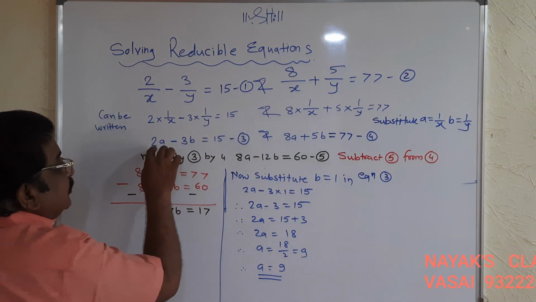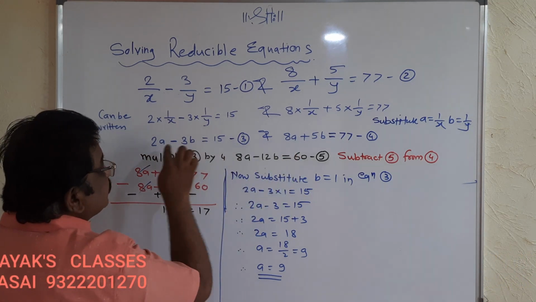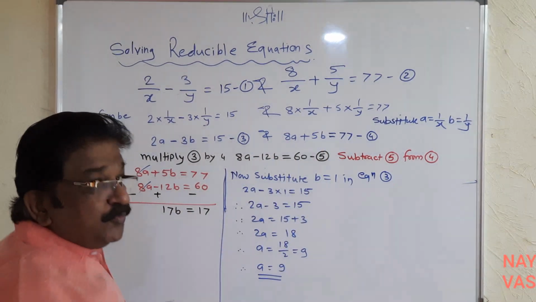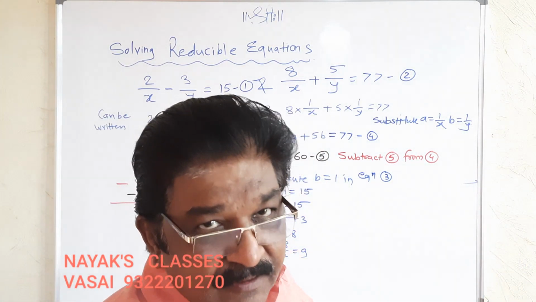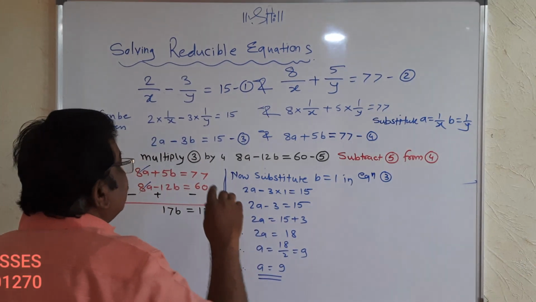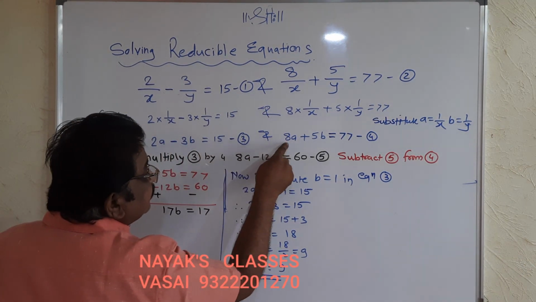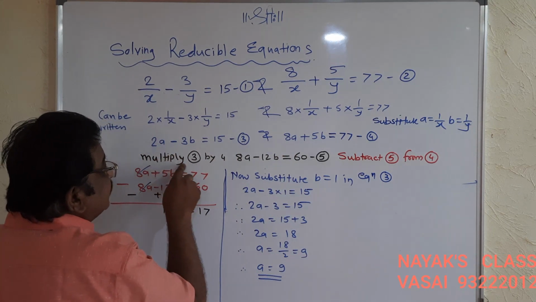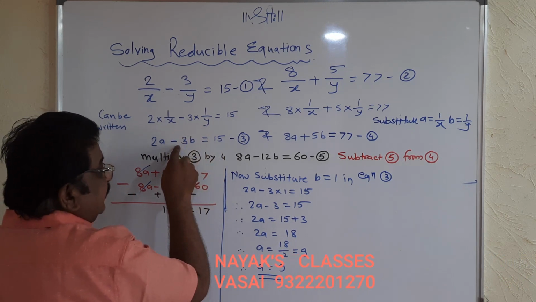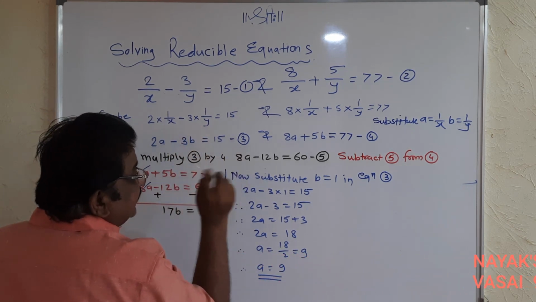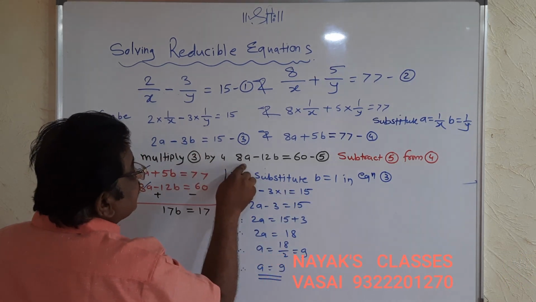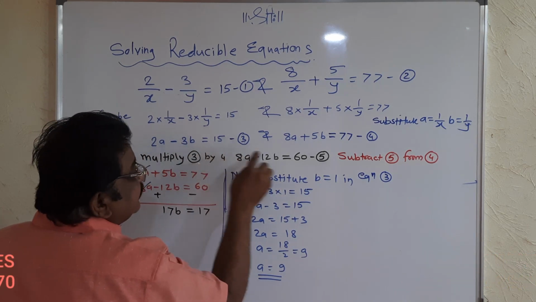Compare the coefficients of these two. It is 2 and 8, minus 3 and 5. To bring the same coefficient of any variable, we can convert these two into 8 by multiplying equation number 3 by 4. Equation number 3 will be converted into 8a minus 12b is equal to 60.